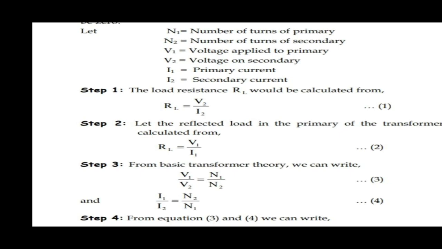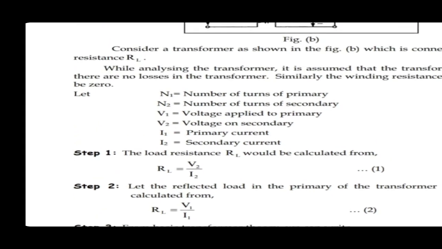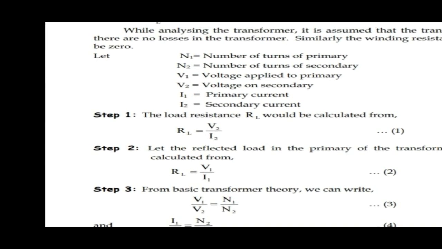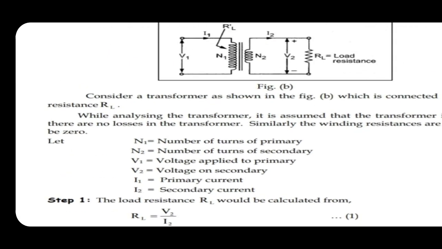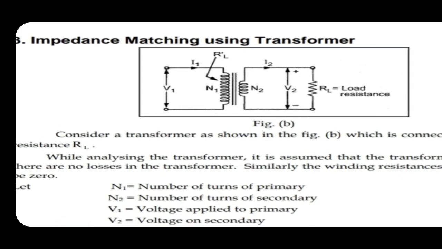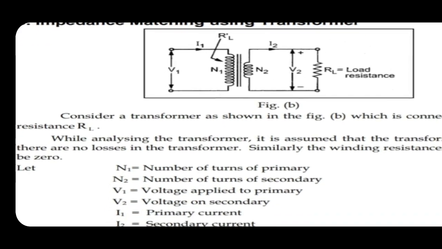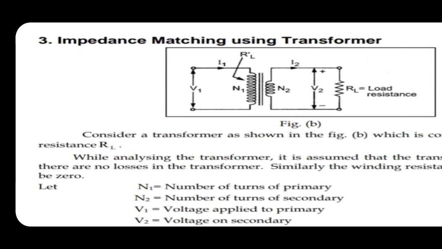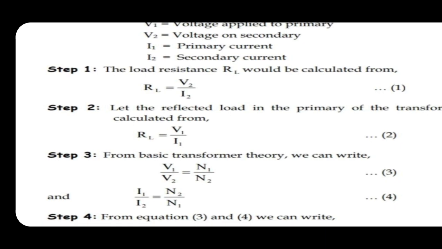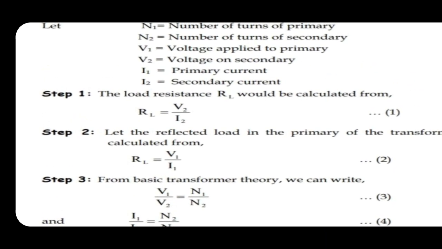The load resistance RL is calculated as V2 by I2, and V1 by I1 gives the input resistance RL dash, the reflected load in the primary of the transformer.